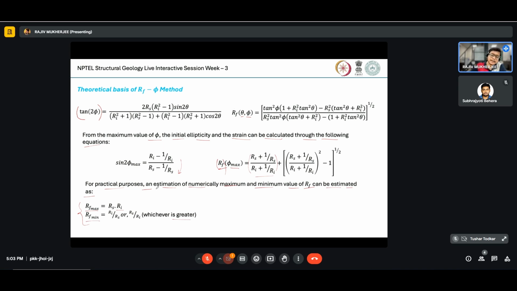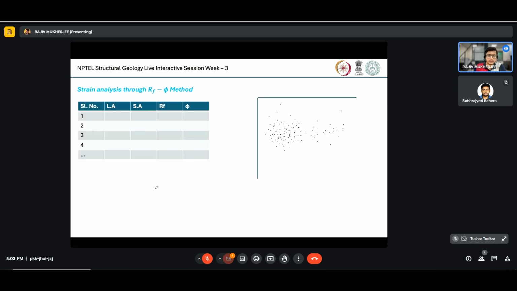Now, how do we actually measure the strain through the Rf/phi method? For example, you have deformed structures like this.